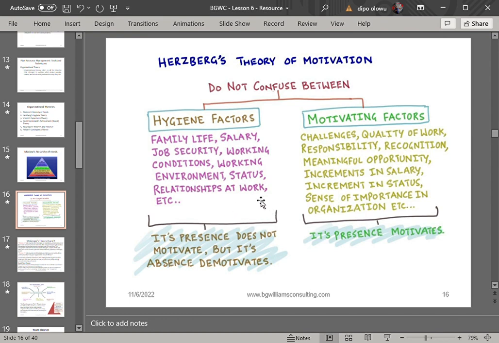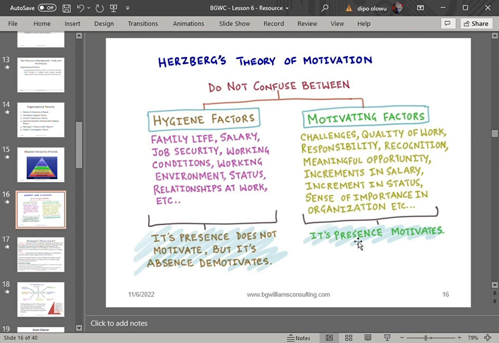All right. Oh, relationship at work is not enough to motivate you, because somebody is not greeting you in the office, or everybody is not your friend. Is it a motivating factor for you to work? No. But the fact that you still have people who are not having a good relationship with you is still enough for you to look for an environment that is friendly to work. So that is what we refer to as the hygiene factor.